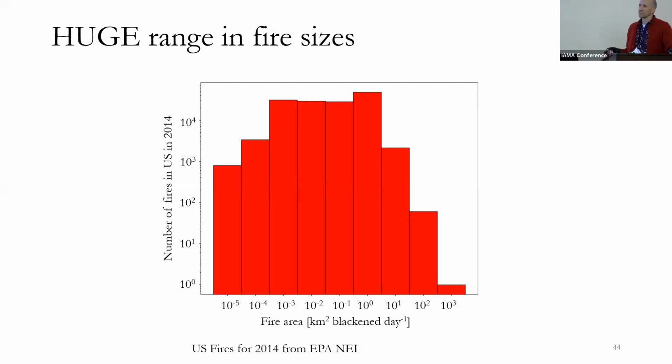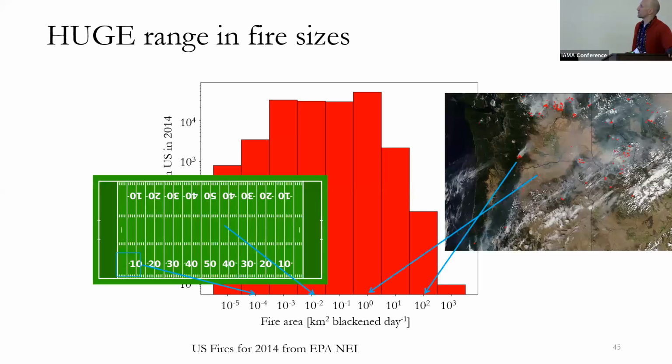But what are these fires actually like? Can we get an appreciation for these fire sizes? These largest fires here are the ones that you can see as complex fires, with multiple hotspots and very obvious plumes coming from them. These are often the size of a city burning within a day. Hopefully it's not a city, but that sort of area is burning. These ones here, on the order of a square kilometer per day, generally get hotspots, but there may be 1 or 2, and the plumes are maybe a little harder to see; you see them dilute more quickly.